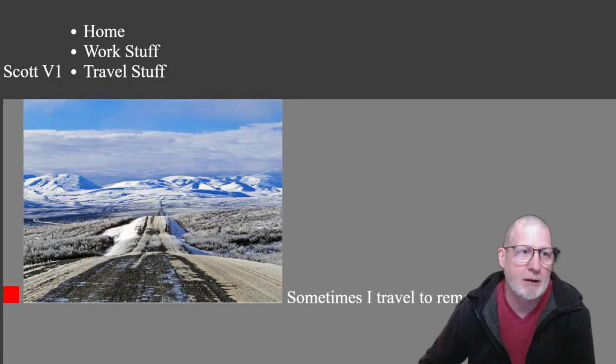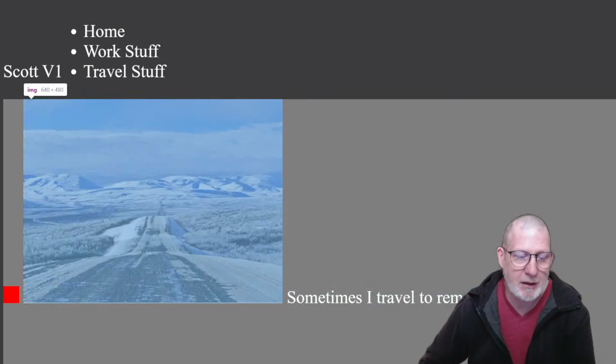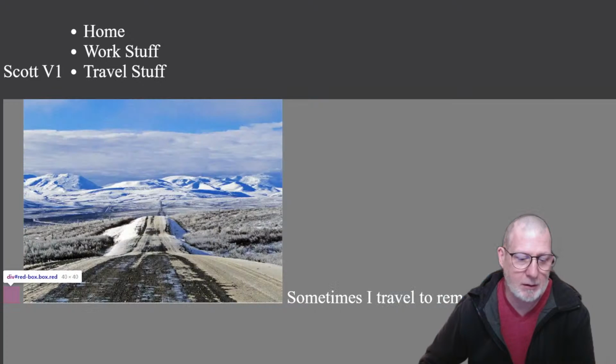And also here's the red box. If you look at it in the live share, the red box, then I've got this container, and the container has an image and the div, and the size of those two things doesn't take up the full width of the browser. If I highlight them in the inspector, you can see that the red box is 40 pixels.